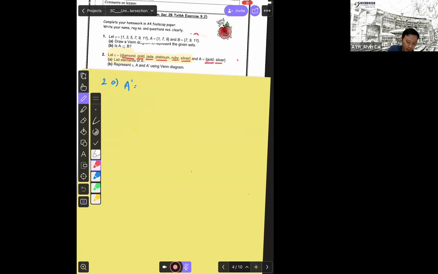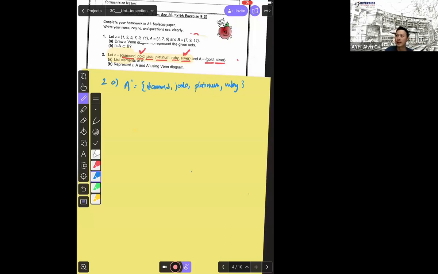And set A, we have these two, gold and silver. So these two are inside A. A complement is quite straightforward. It will be anything that's not inside A, that means it's diamond, jade, platinum, and ruby. So that will be A complement.